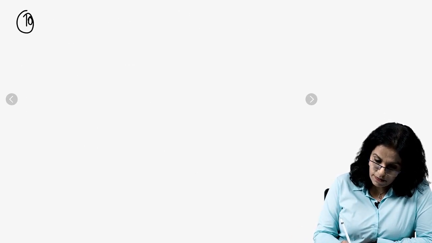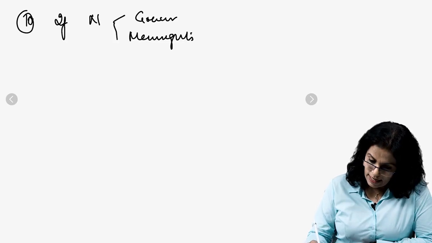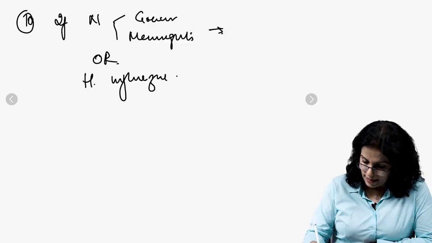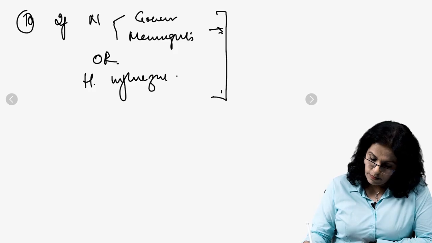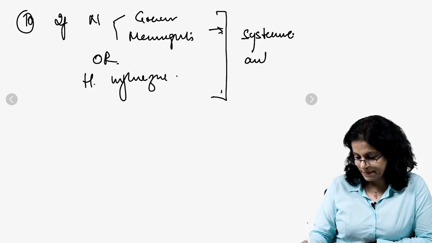If we are suspecting Neisseria gonorrhea or Neisseria meningitis, or you can also write one more, Haemophilus influenzae, then we should start with, mainly we are talking mainly more common in children, of course, but we should start with systemic antibiotics.